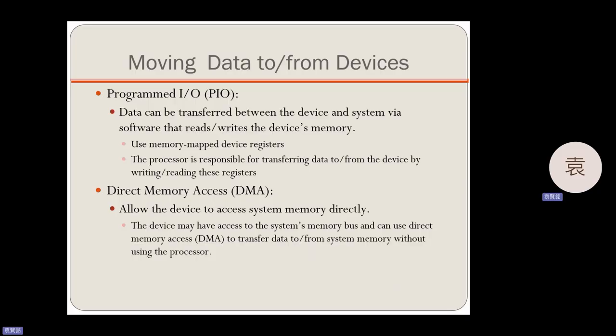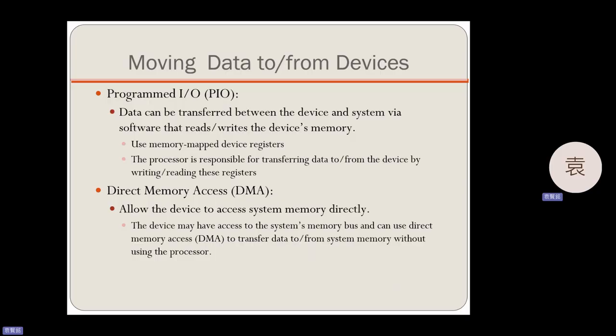We can use memory-mapped device registers to trigger the device and get data to or from the device. The processor, the CPU itself, is responsible for the actual data movement, to read or write the content of the register.